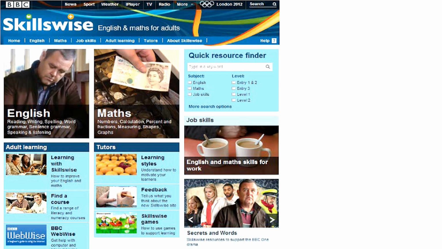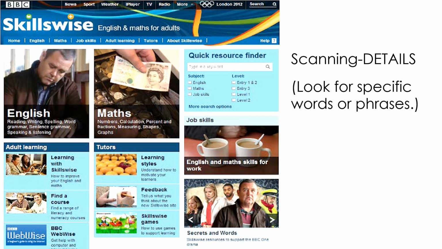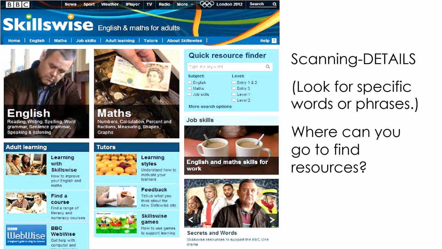The same, we're going to scan for details. We're going to look for specific words or phrases. The question is, where can you go to find resources? Okay, let's look at the headings. Okay, here. Maybe search. Okay, find resources. Oh, here.